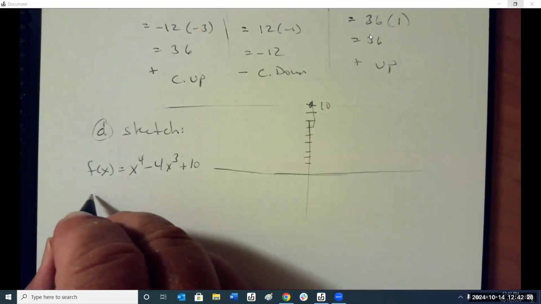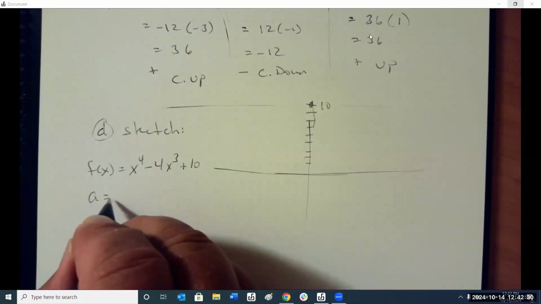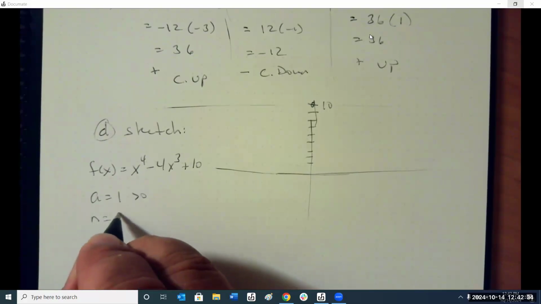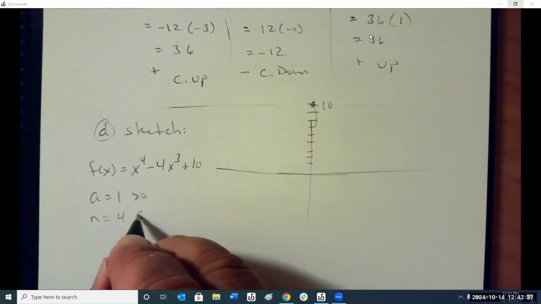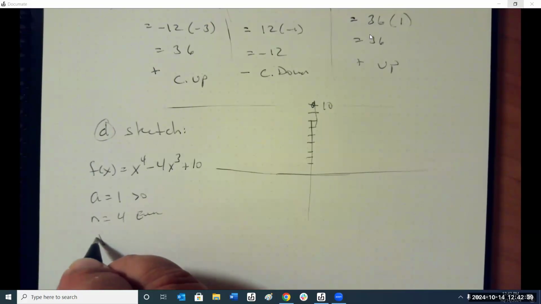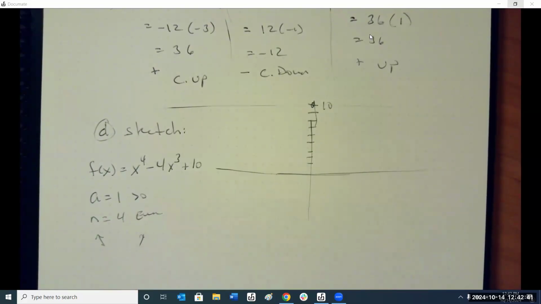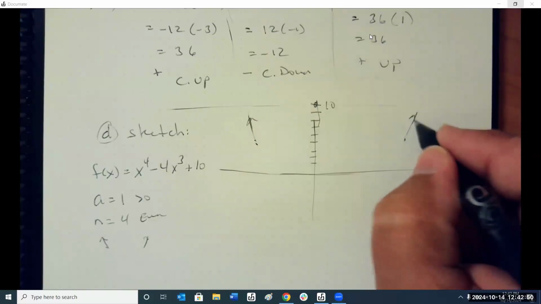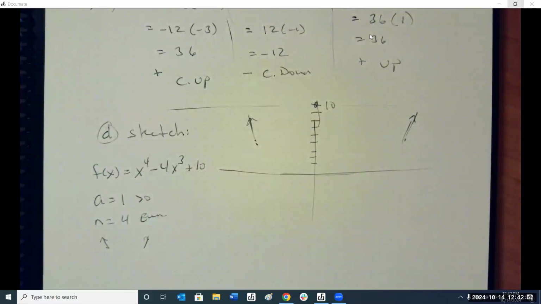I know that my leading coefficient is 1, so it's greater than 0, and my degree is 4, even. So both ends point the same direction, they're both up. So I know the ends of the graph will go up from the outside x-intercepts.